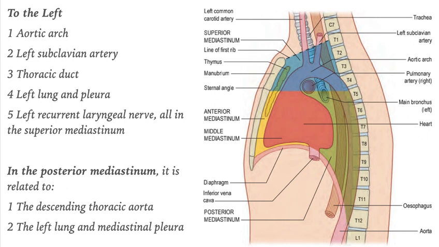To the left, we have the aortic arch, the left subclavian artery, the thoracic duct, the left lung and pleura, and the left recurrent laryngeal nerve, all in the superior mediastinum. Whereas in the posterior mediastinum, we have the descending thoracic aorta, the left lung and the mediastinal pleura to the left of the esophagus.